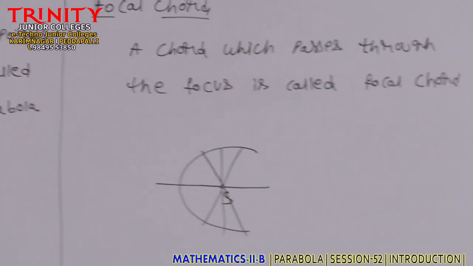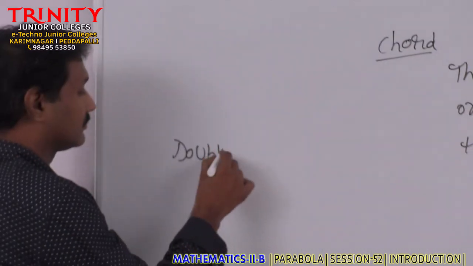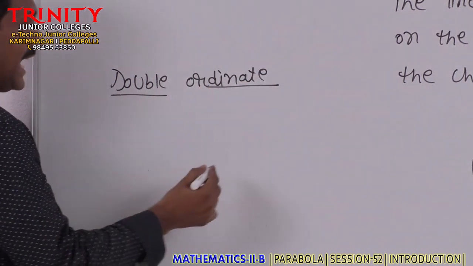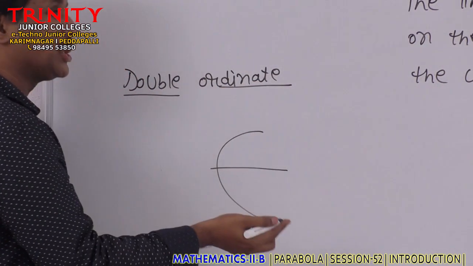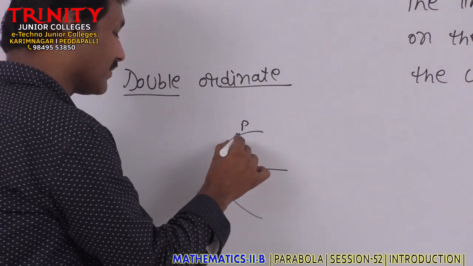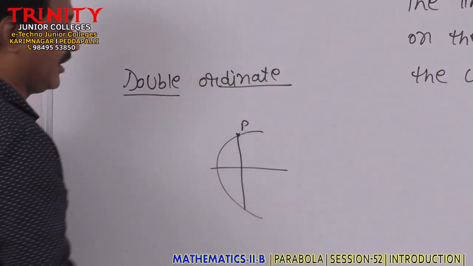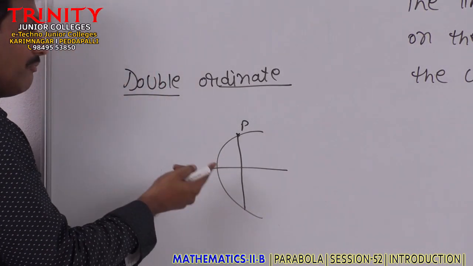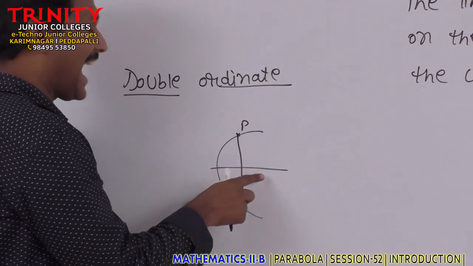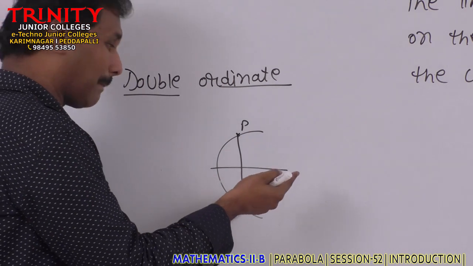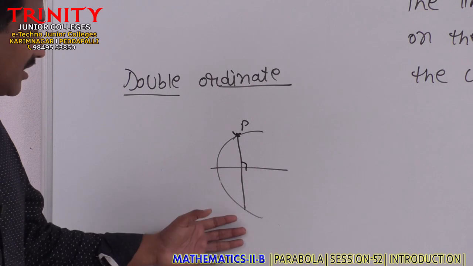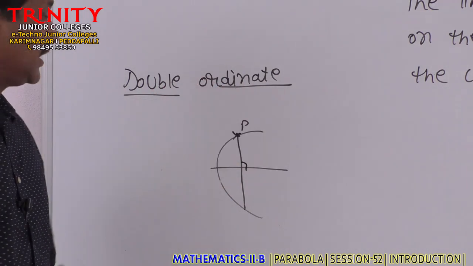Next, double ordinate. A chord which is perpendicular to the axis of the parabola and passes through a point P is called a double ordinate.